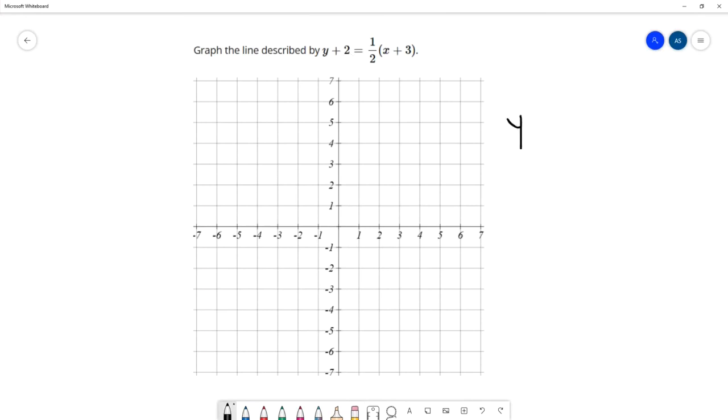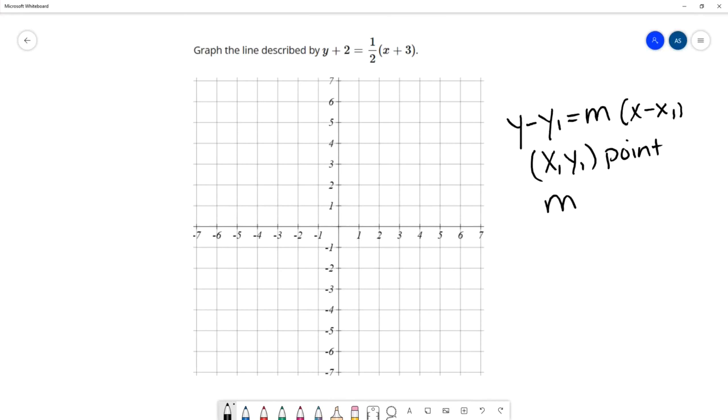Point-slope form is when you have y minus y1 equals m times x minus x1. x1, y1 is a point on the graph, and the m is the slope. So because this equation is written in point-slope form, we're able to draw this graph without doing any calculations.